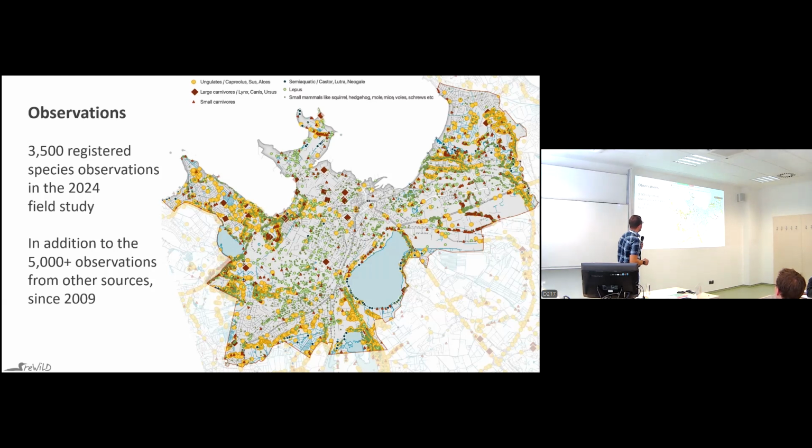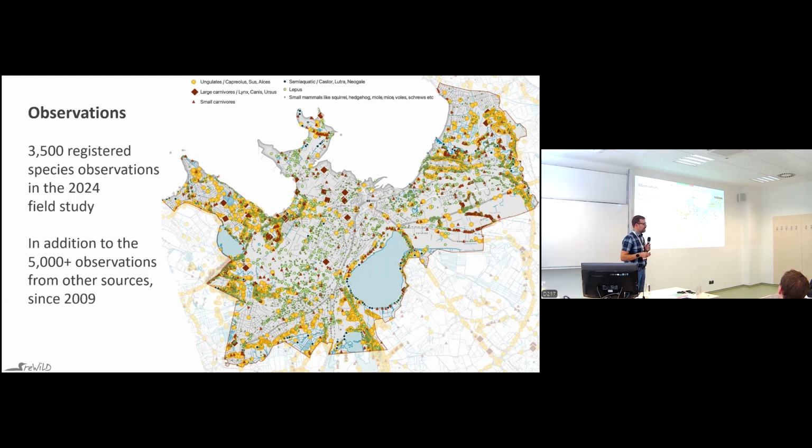Yellow dots are the ungulates that are very often present in the border areas or others or the city center. And sometimes even large carnivores have reached the very center of the city.